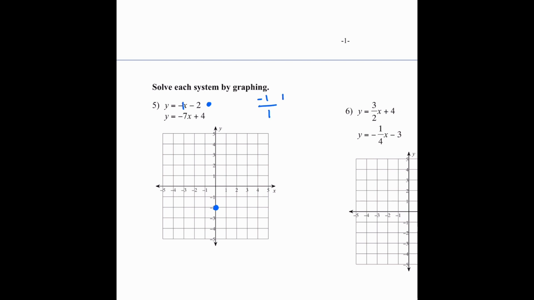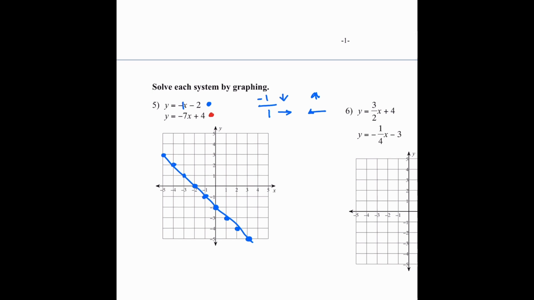This tells me that I go down 1 and to the right 1. Or I can go up and to the left. So that's my first equation.